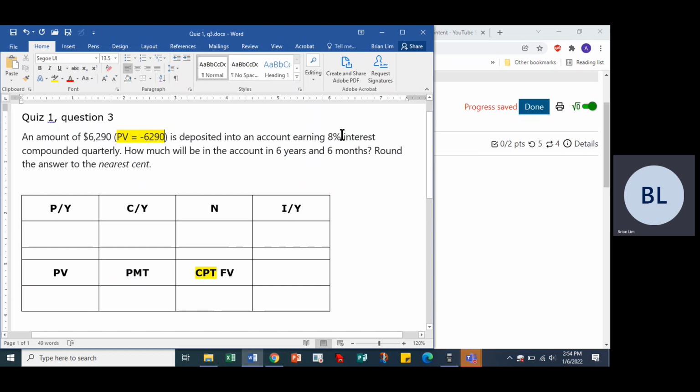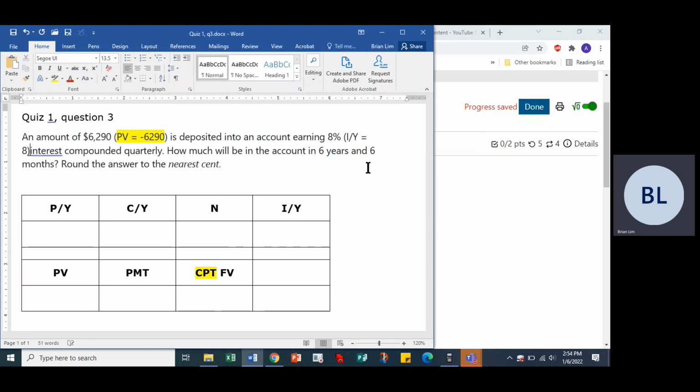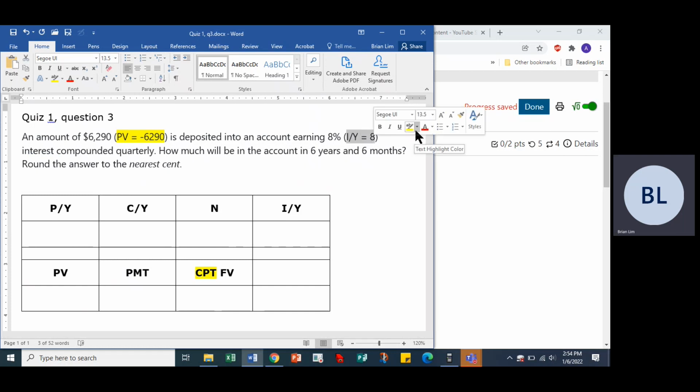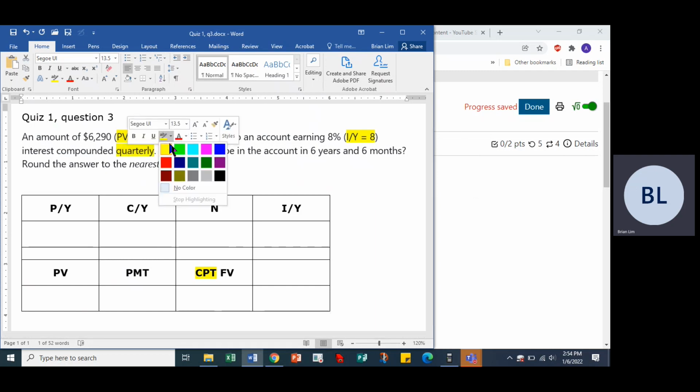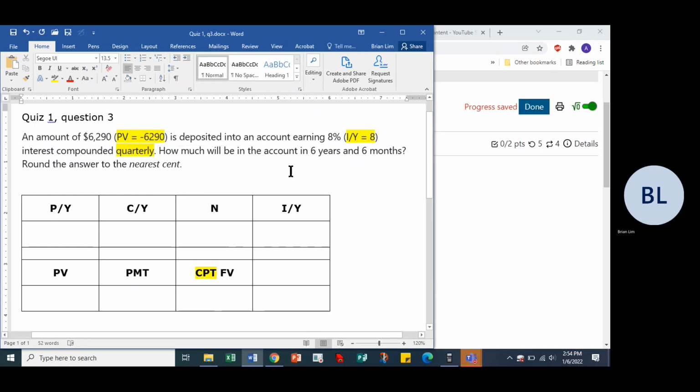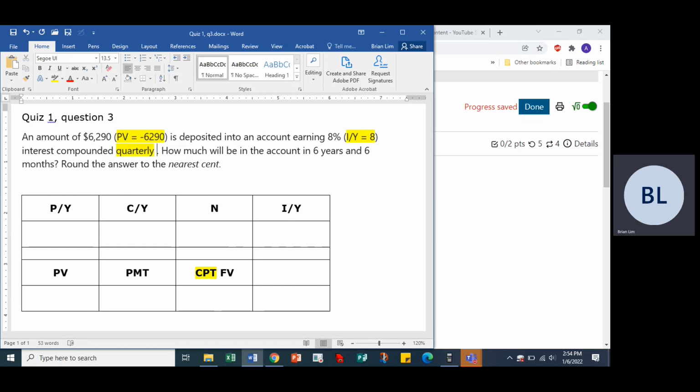Okay, so earning 8% interest compounded quarterly. So interest, that would be IY, would be 8. So those are the numbers that will go into the calculator, and it's compounded quarterly. Quarterly is what tells us that PY is equal to CY is equal to 4.